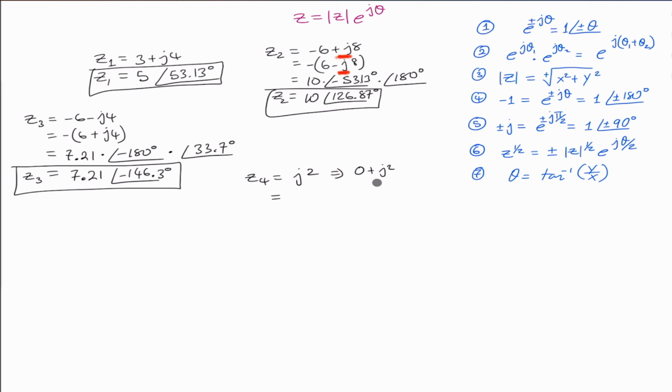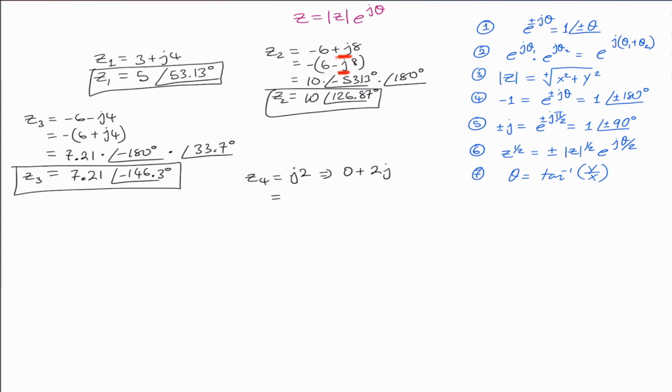Well, my bad, this should have been 2j, or j2. You can write it any way you want. That's 0 plus 2j, or j2.